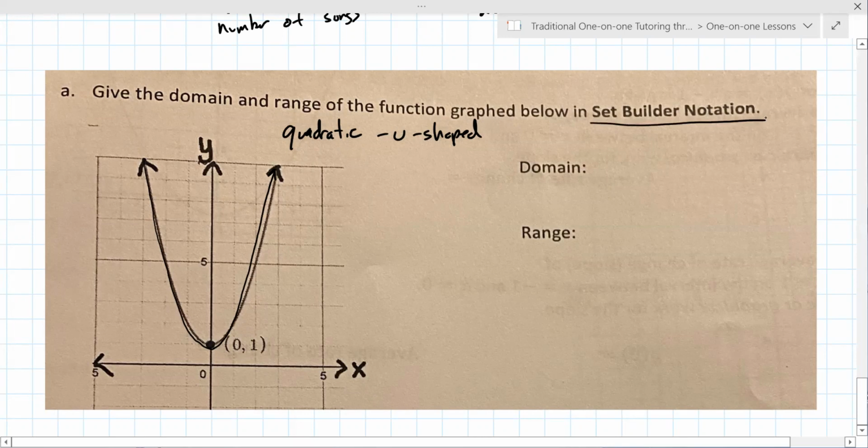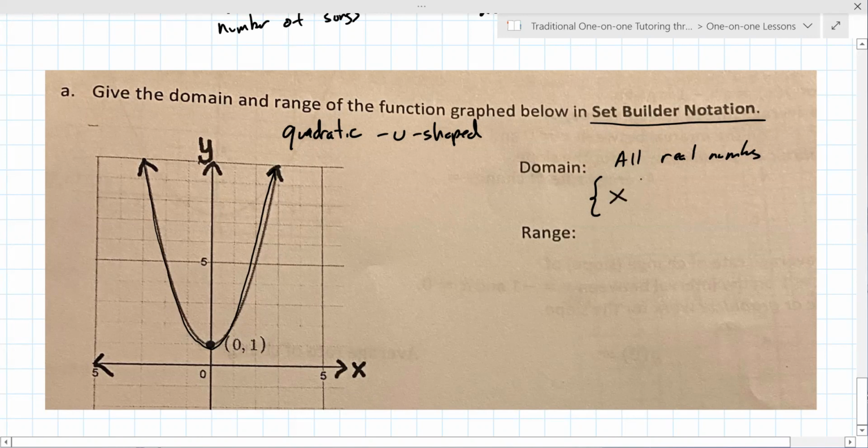So the domain in words for a quadratic is always all real numbers. Now, in terms of set builder notation, this is what you always have. You always have this open curly brace, and then you always write x for domain.